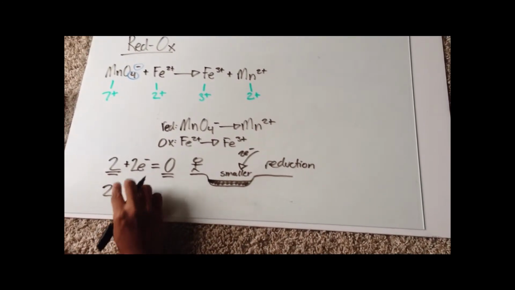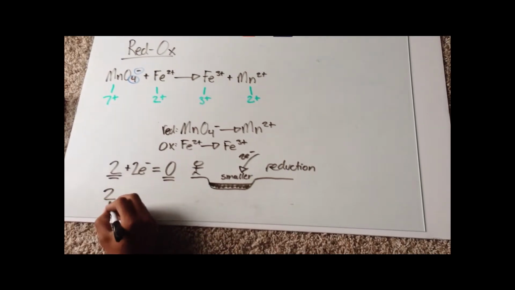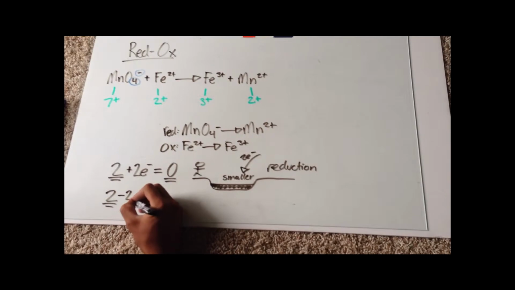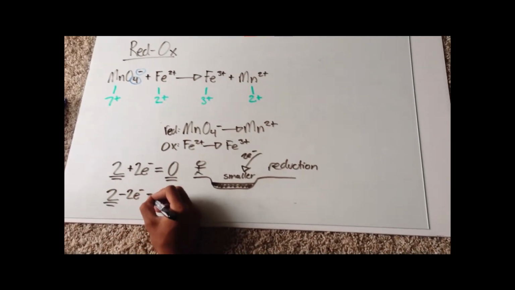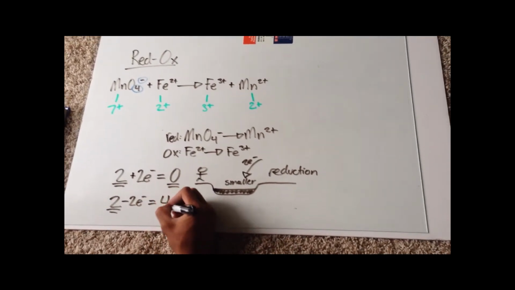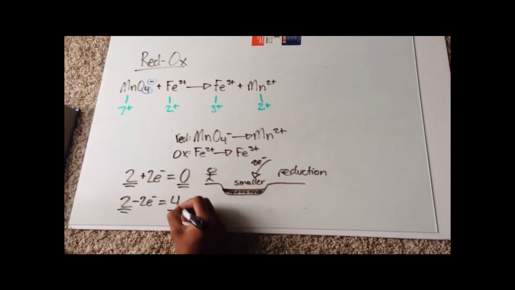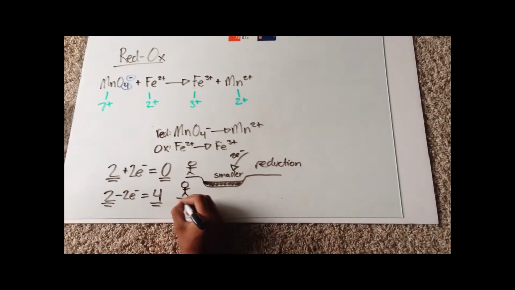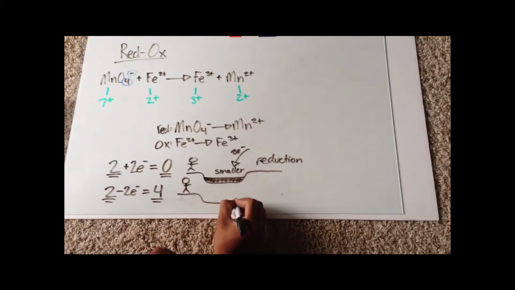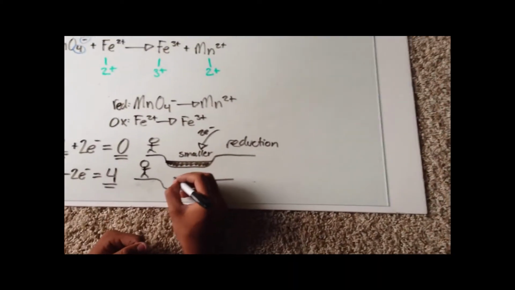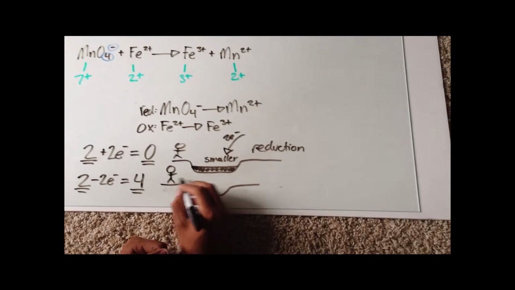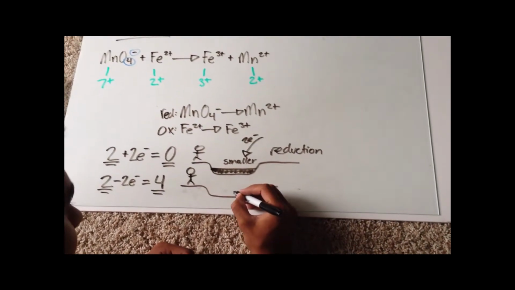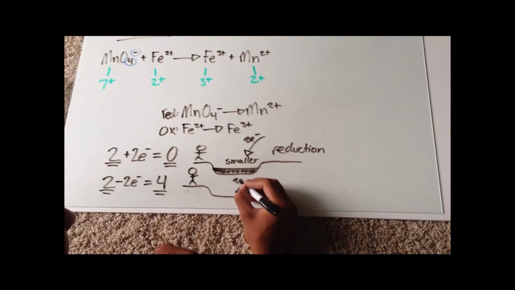Now, let's do oxidation. So let's say your number is 2 again, but this time you take away 2 electrons. This will then equal 4. So again, you encounter another hole while you're walking, and this time you're taking out the electrons.